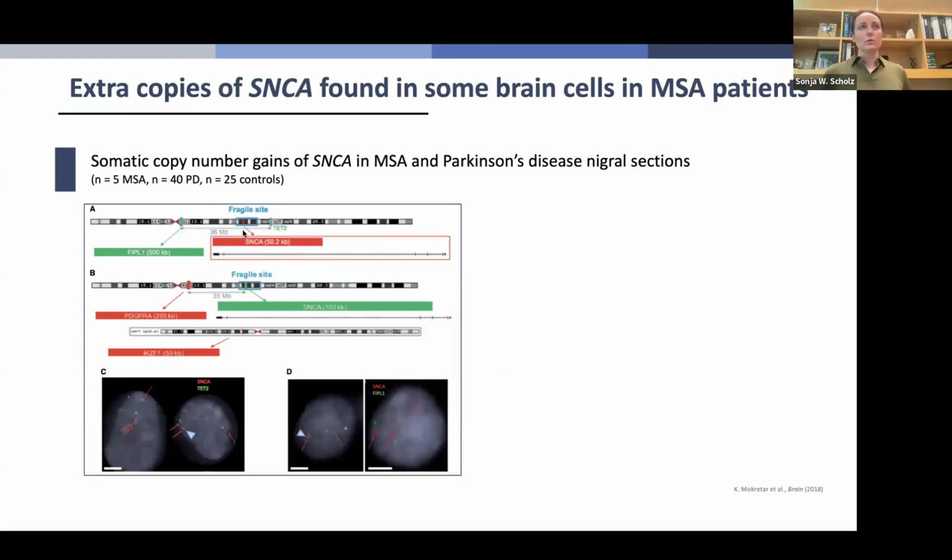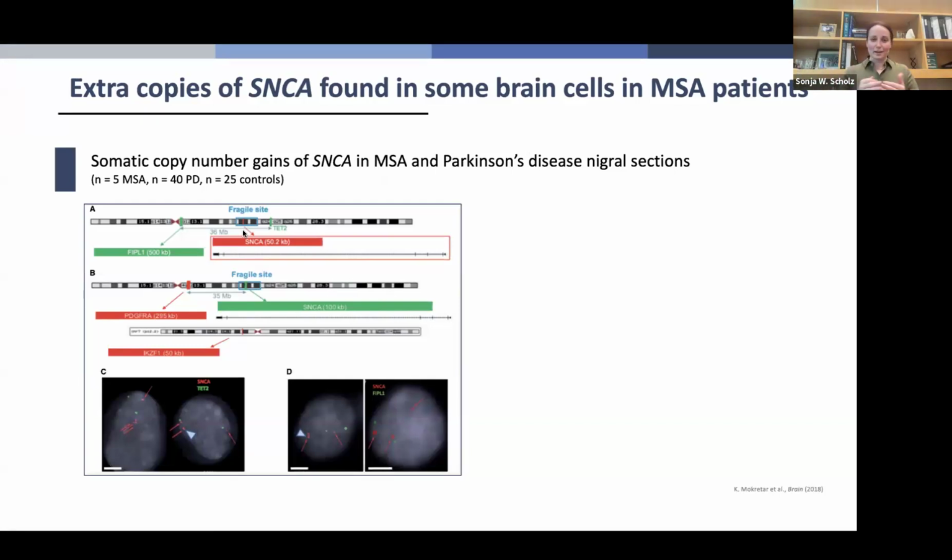And perhaps there's also an interesting insight. Perhaps the reason why we don't actually see mutations in the blood when we screen patients is because not all of the cells in the body carry this mutation. There's a small study from the United Kingdom where they looked at brain tissues and found that MSA patients often carry an extra copy of this SNCA gene, but only in some of the brain cells.